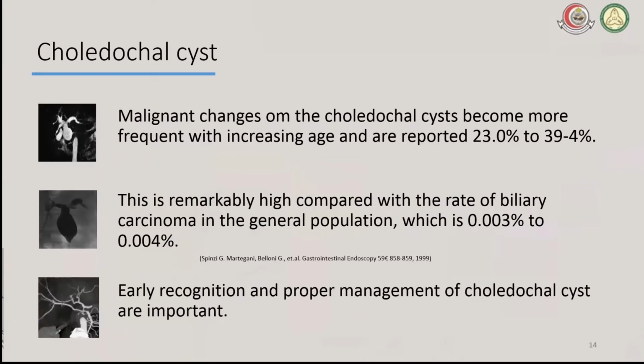Thank you. So this is a repetition of what we have been saying. All the worry of leaving behind the choledochal cyst, even if it is symptomatic or discovered incidentally, is the increased risk of malignancy as patients get older.